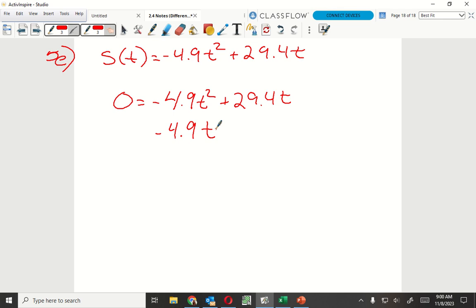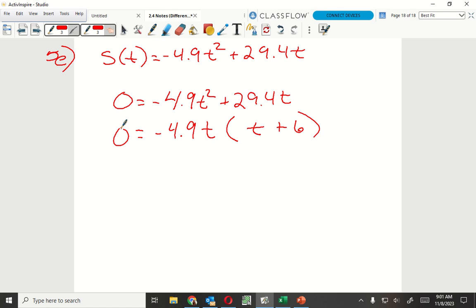So a common factor is -4.9 t because it goes in evenly to this, so that's going to leave me with t plus 6 equals 0. And I'm going to show you how to do this one on the calculator also, because if you're not solid with your factoring, this is going to be super hard.